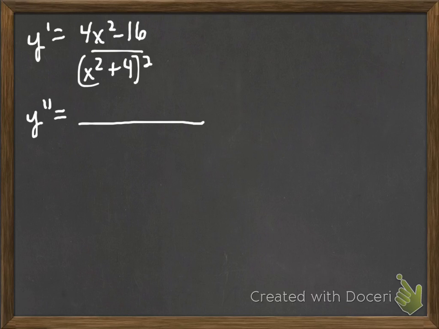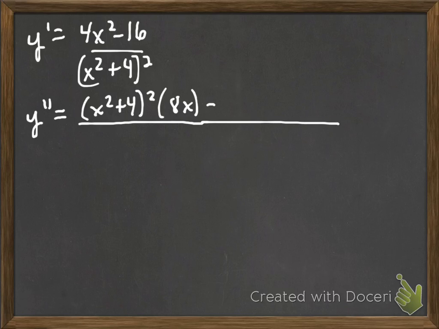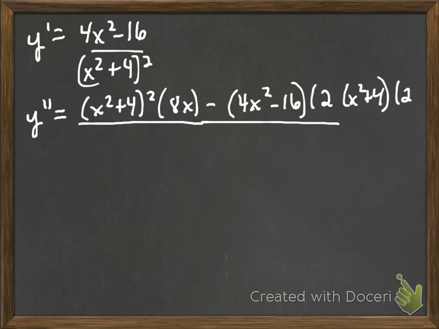Get v u prime minus u v prime, chain rule, so 2x squared plus 4 to the first times derivative of the inside, all over x squared plus 4 to the fourth.